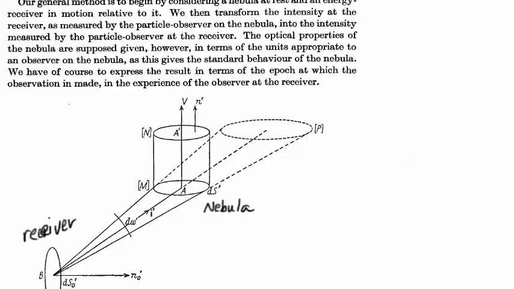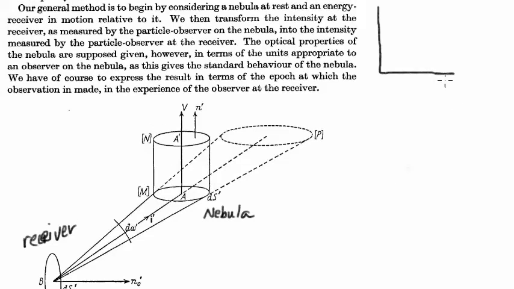Alright, so in the first portion, we're imagining a nebula at rest and a receiver in motion, which is going to be seeing, say, this light and then this light, and that's t and x.